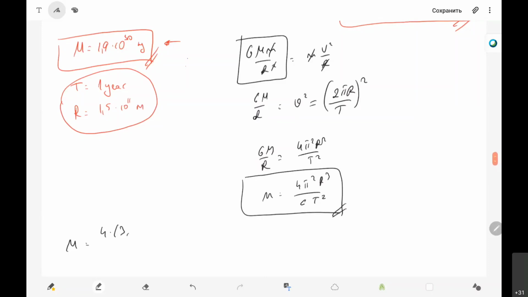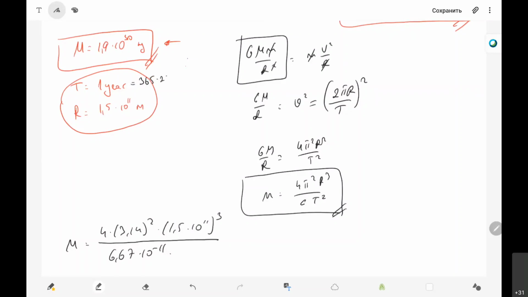4 times 3.14 squared, the radius is given, 1.5 times 10 to the power of 11, cubed, divided by 6.67 times 10 to the power of minus 11. The period we need to write in seconds, of course, the international standard SI unit. 1 year is approximately 365 days.